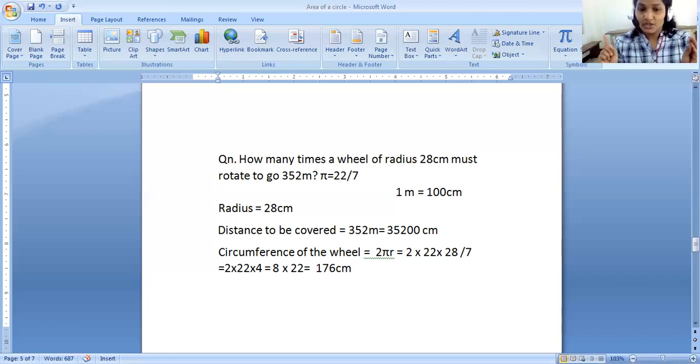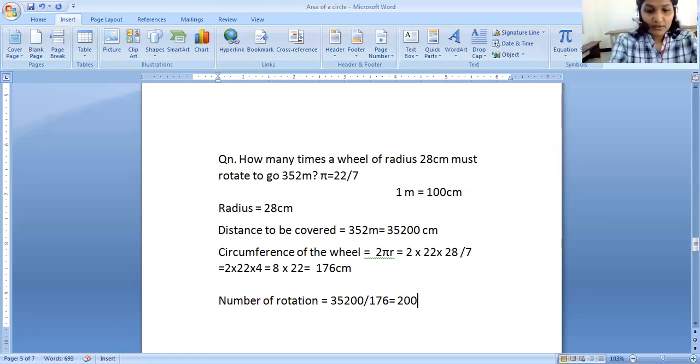So how many rotations? To find the number of rotations, what we have to do? Nothing, just divide 35,200, that is the actual distance to cover, by the distance covered in one rotation, and then you will get the value 200. 200 times the wheel will rotate to cover a distance of 35,200 centimeter.